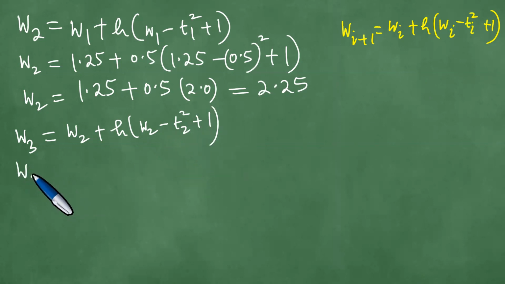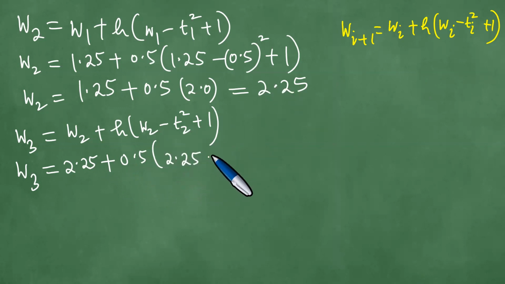And then obviously W2 we've already got, which is 2.25. So 2.25 plus H, which is 0.5, times 2.25 minus the T2. What is T2?